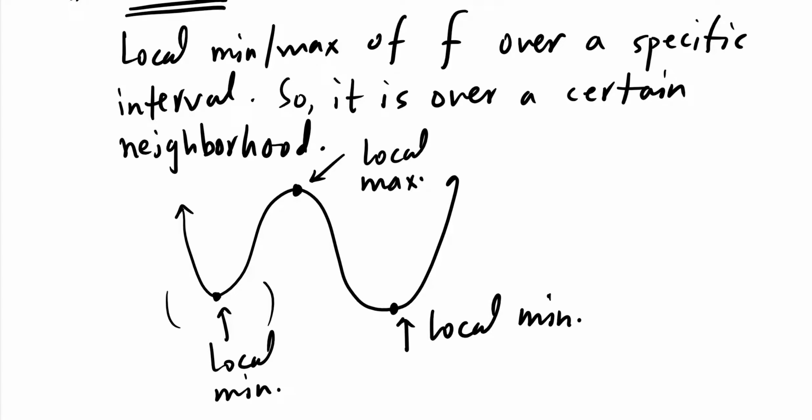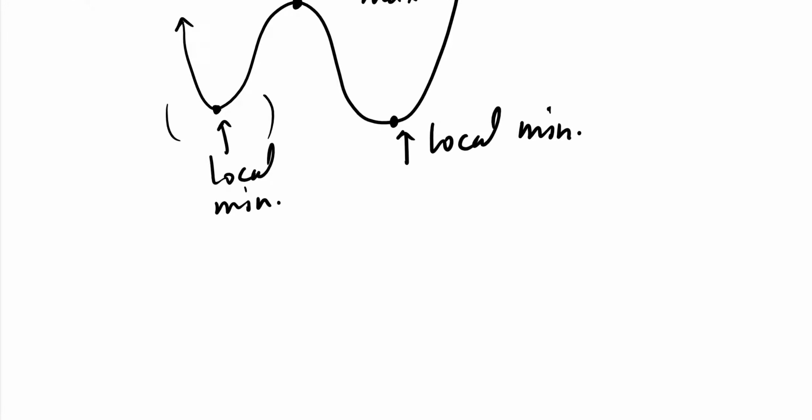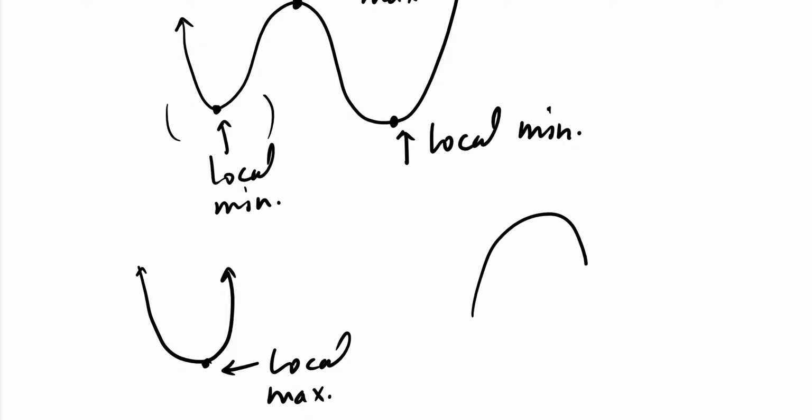Notice the graph can have more than one local min and more than one local max, or only local min or only local max. So how can that happen? If you have this, there's only a local min, no local max. What about if you have something like this? That's a local max, no local min.